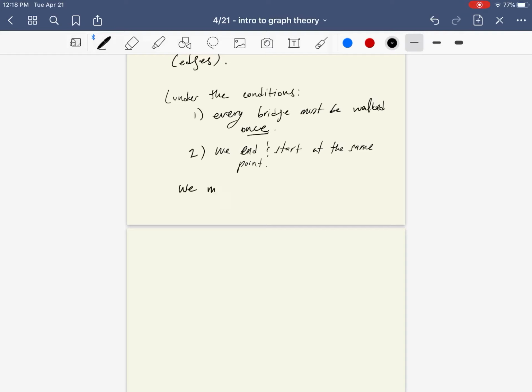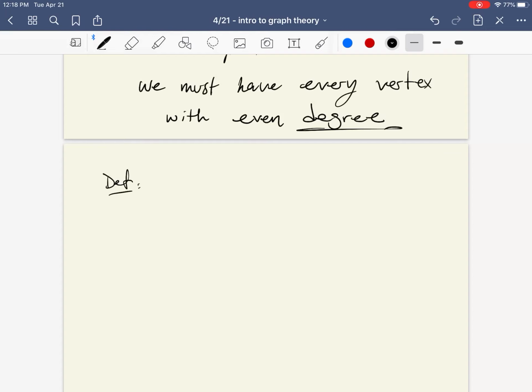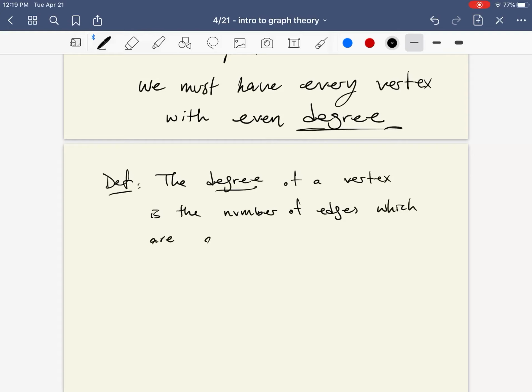We must have every vertex with even degree. This is a quick definition here. The degree of a vertex is the number of edges which are attached.